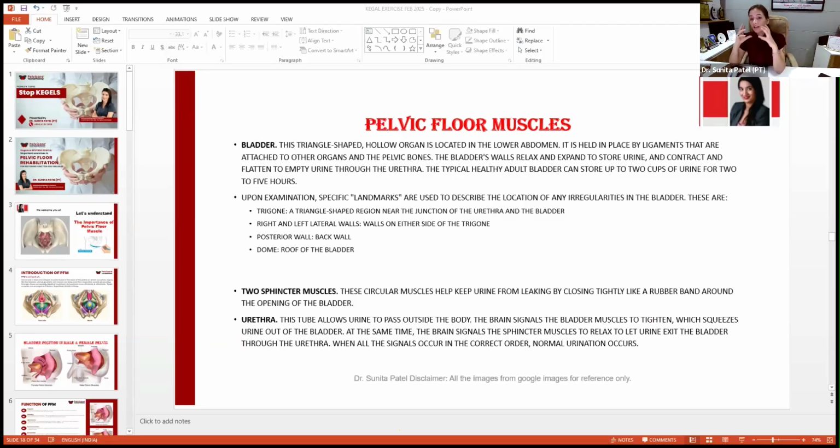Okay, so check the pelvic floor muscle strength first. Now how to check? You have to insert your finger inside the orifice. If she's a female patient, you can check by inserting your finger in the vagina or anus. There are two openings, because the muscles are around both the vagina and the anus.